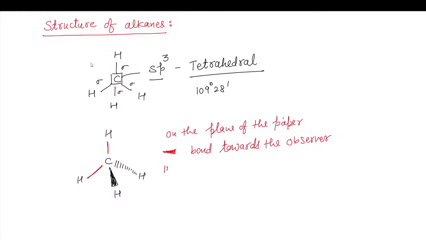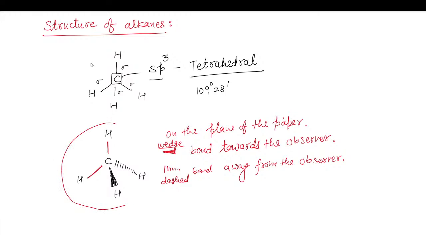This is called a wedge, and this is a dashed line. The dashed bond is away from the observer. So in this way, this is the three-dimensional structure of alkane.